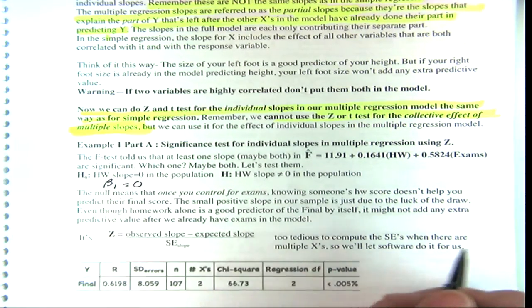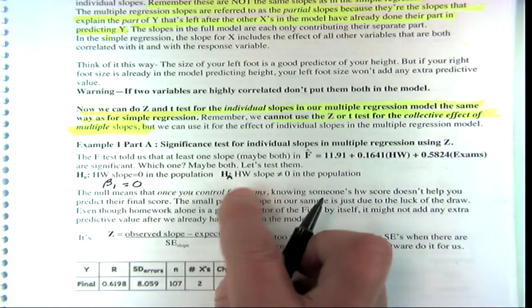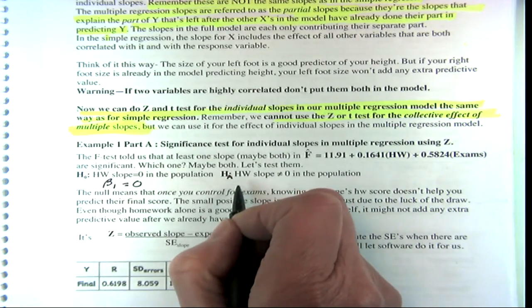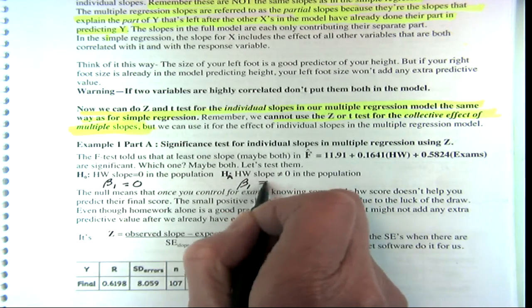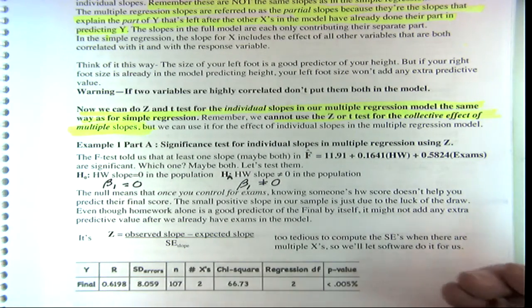That's what H not is saying, right? And then H alternative is saying that it's not equal to 0 in the population, which would be the same thing as saying that beta 1 is not equal to 0. Any questions on that?